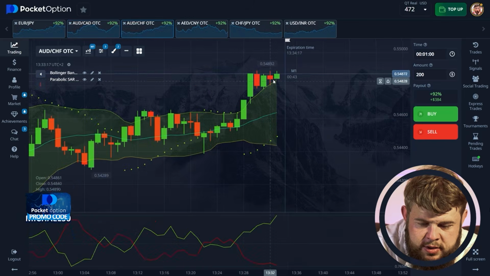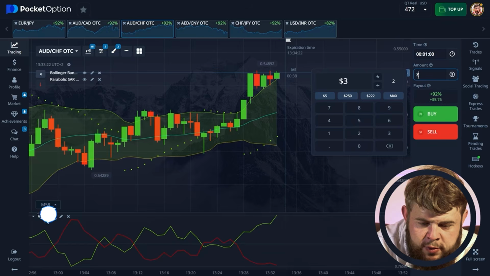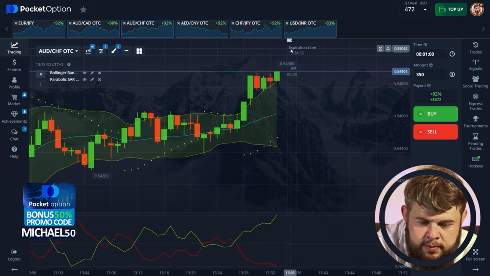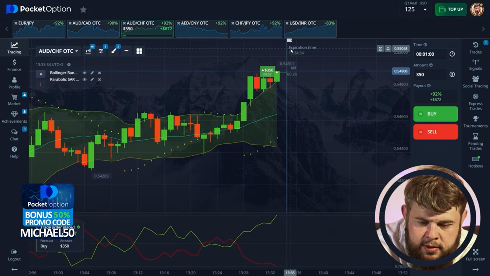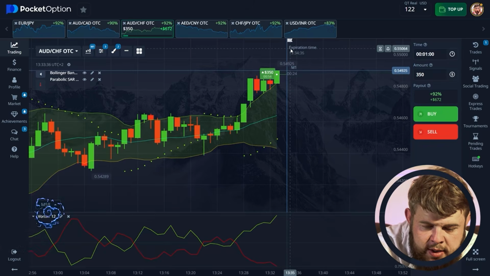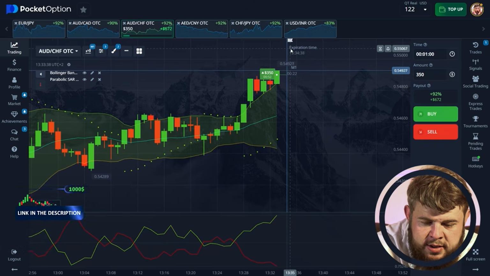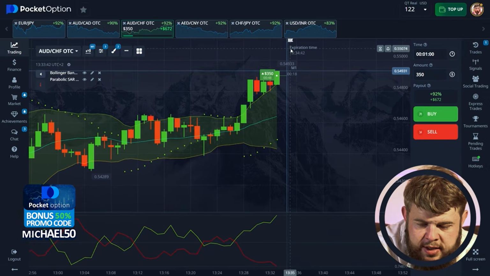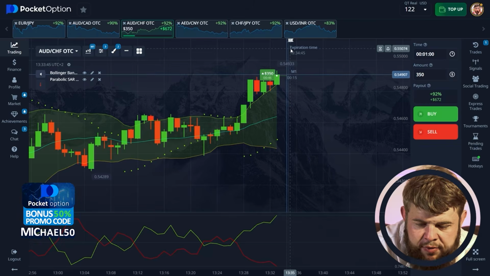Okay, let's check out the CHF. So first of all, we have changed our investment to $350. Let me open buy position here. We have already done this. So as you can see, the current candle pattern looks like bullish flag. Bullish flag is a candle pattern for the continuation of the current growth.